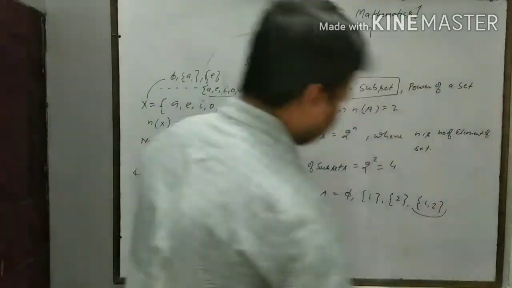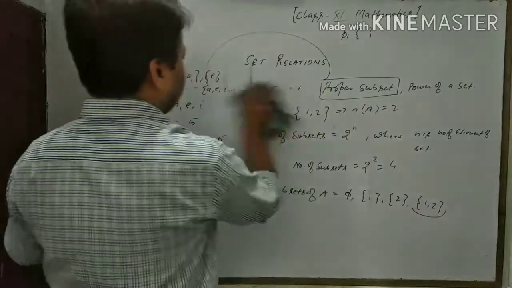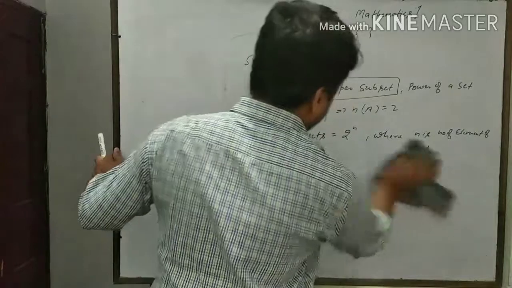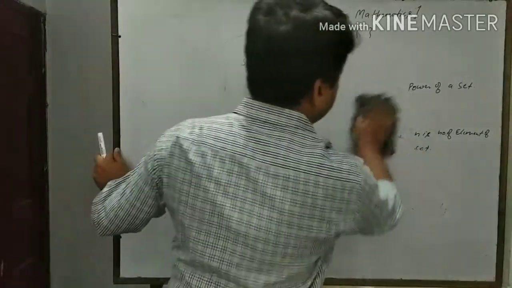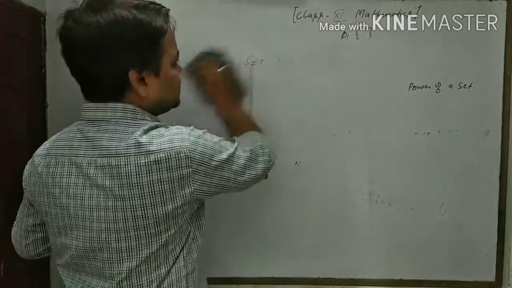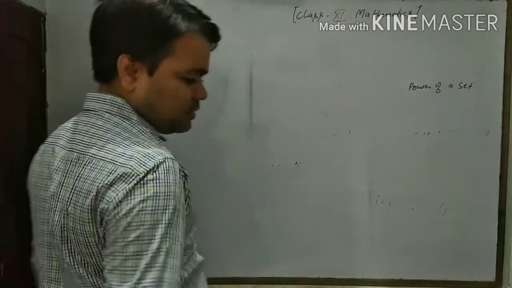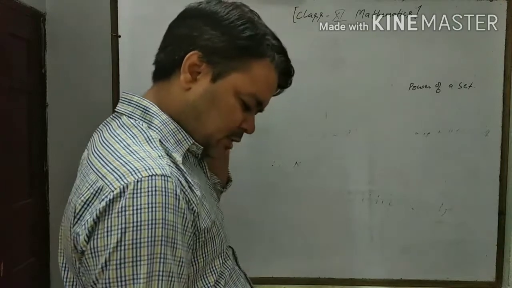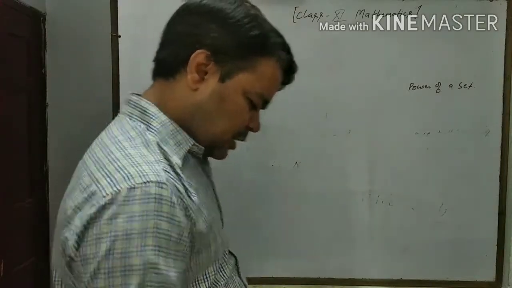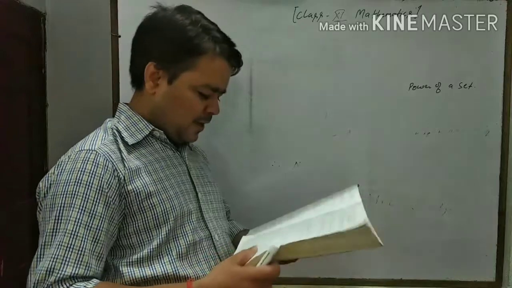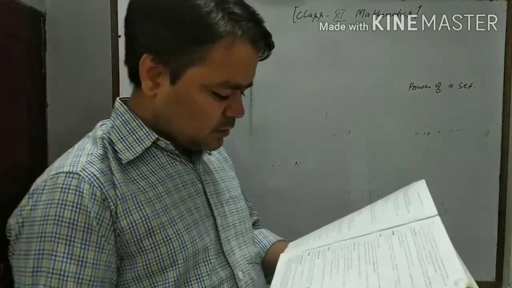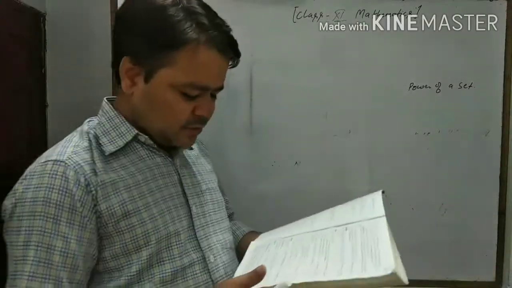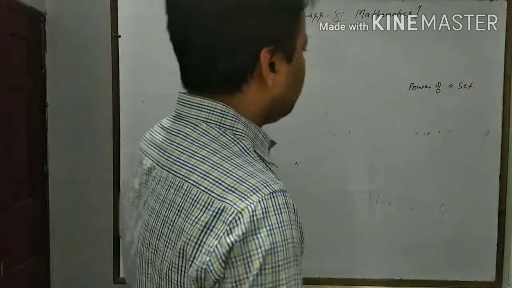Now the last topic regarding set relations is the power set. What is the power set? If we make a collection of the subsets, then that is called the power set. The set formed by all the subsets of a given set A is called the power set of A, and it is denoted by P(A).